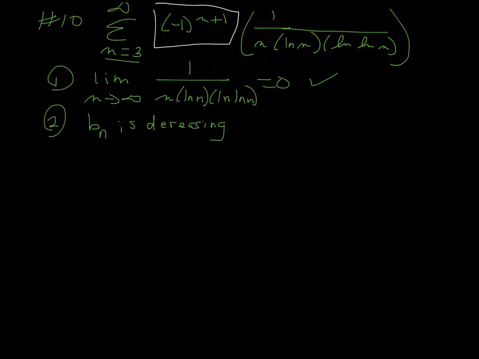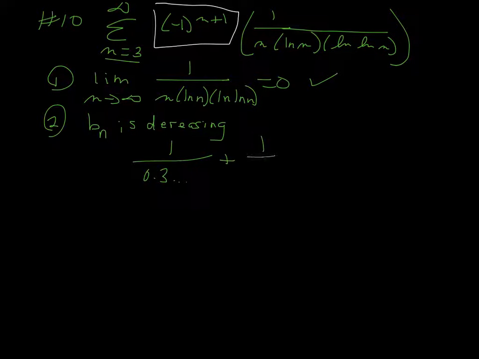The first denominator that you get when n is 3 is actually something like 0.3 something, so that's actually going to be 3 for the first term.